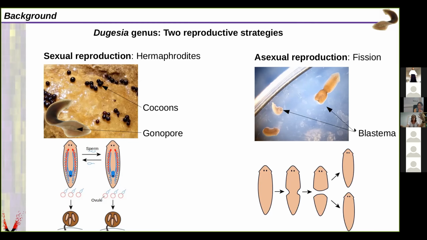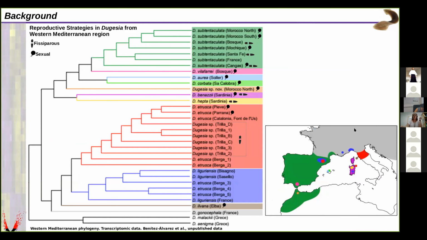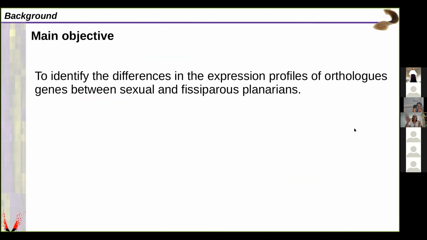With all this background, we have in the Mediterranean region all the possible combinations of the reproductive strategies, with sexual species, fissiparous species, and populations with fissiparous and sexual individuals.